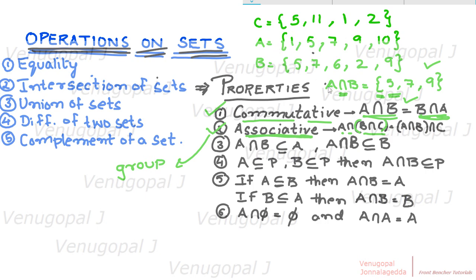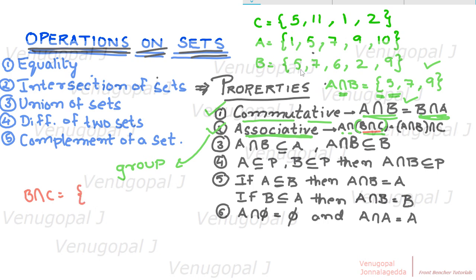B intersection C. Let's take another color so that I am clear. Let's see B intersection C. We have got, so I will be writing it over here. B intersection C is equal to, what are the common elements that we find here?